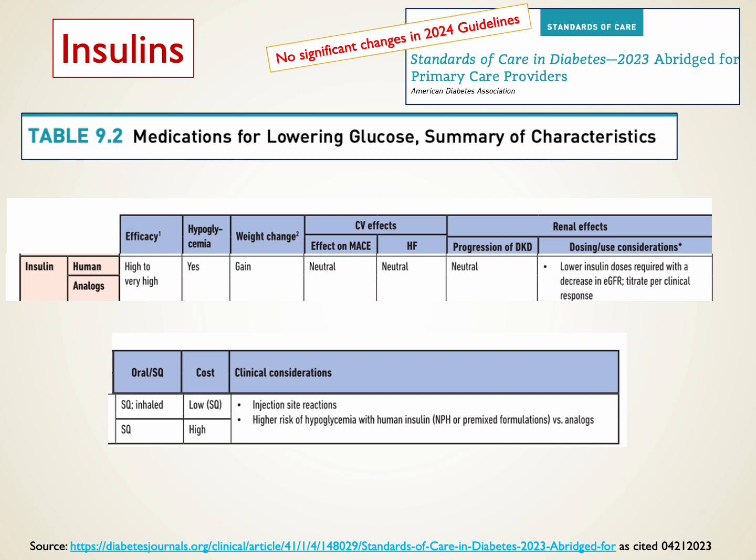As you look at insulins, again, type 1, but also we can use it in type 2. Historically, we've used insulin in type 2 diabetes when the first-line oral therapies have waned.